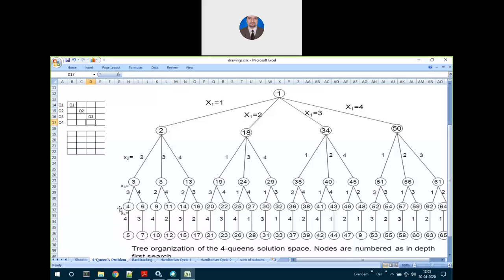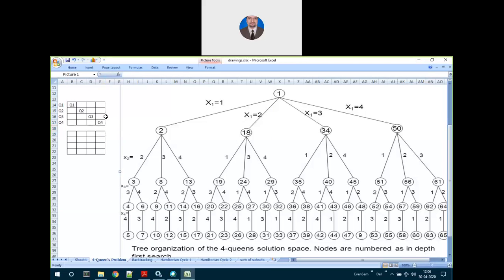Then from 4 I can have node number 5, and this is for x4. x4 means queen 4, row number 4. I would be positioning it at x4 equals 4, which means the fourth column here. So q4 would be placed over here.